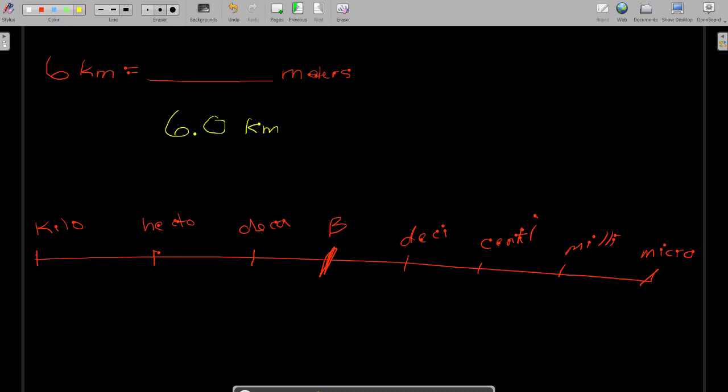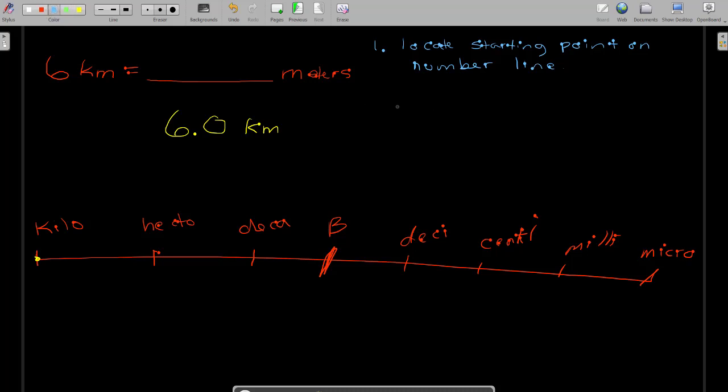So the steps for this are really quite simple. Step 1 is to locate your starting point on the number line. In this case, where I'm starting is kilo.